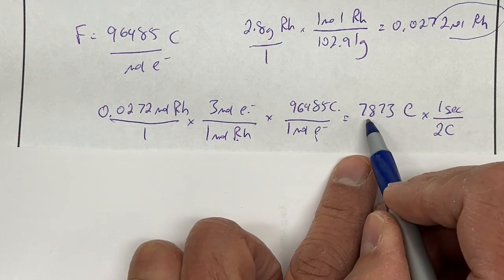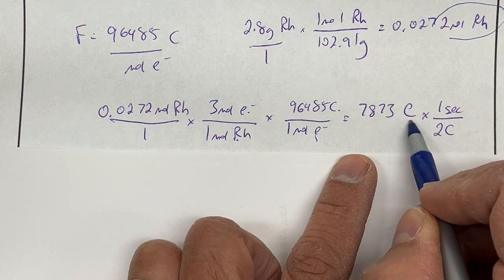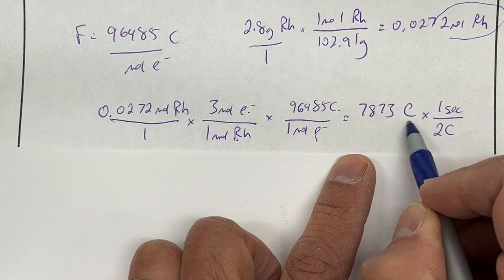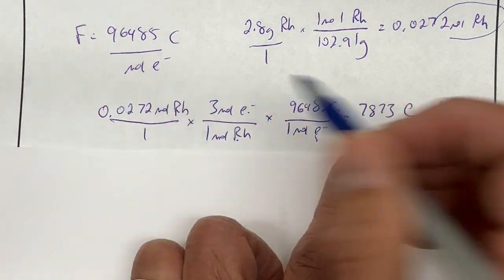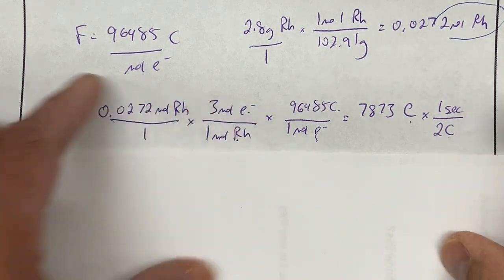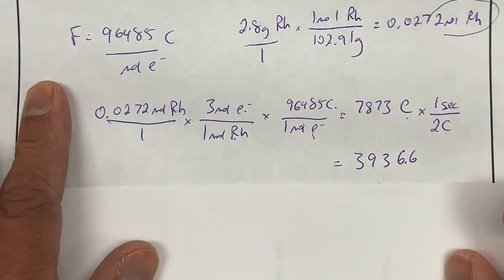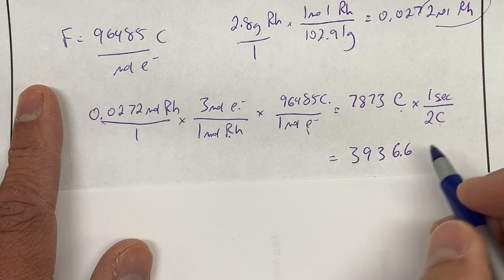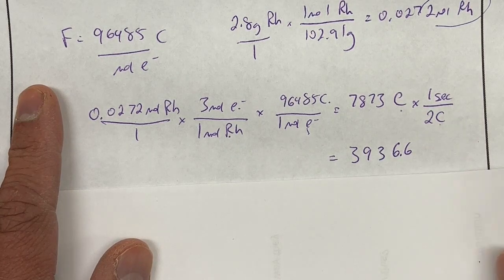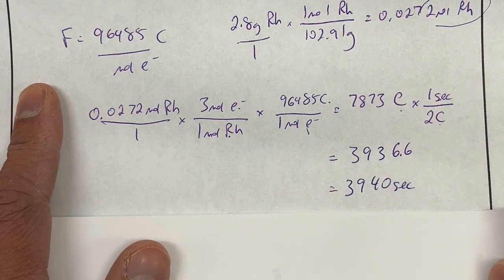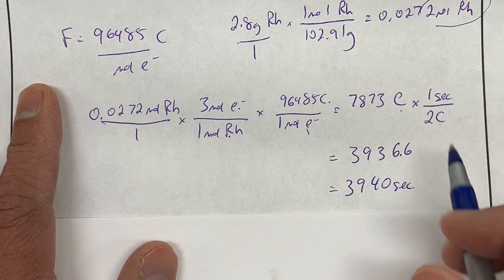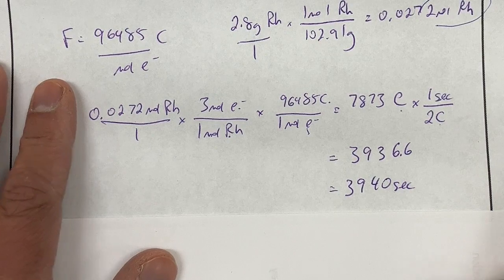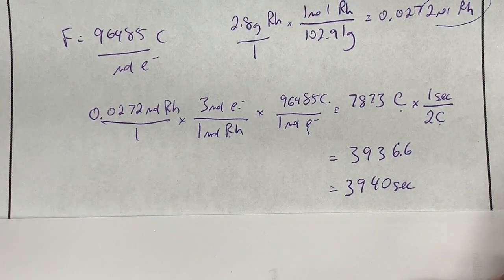Then that gives me 7873 coulombs that I need. And if I have a current of 2 coulombs per second, well, 2 coulombs per second is going to give me, so basically cut that in half, 3936.6 seconds, or 3940 seconds. So that's, I think, how you solve that problem. Okay.